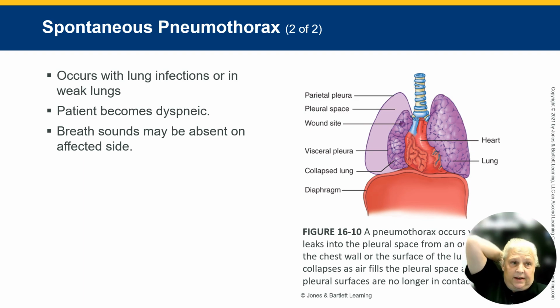When it's spontaneous, it can occur with a lung infection, allowing air to escape into the pleural cavity, and as that occurs, your patient is going to become short of breath or dyspneic.